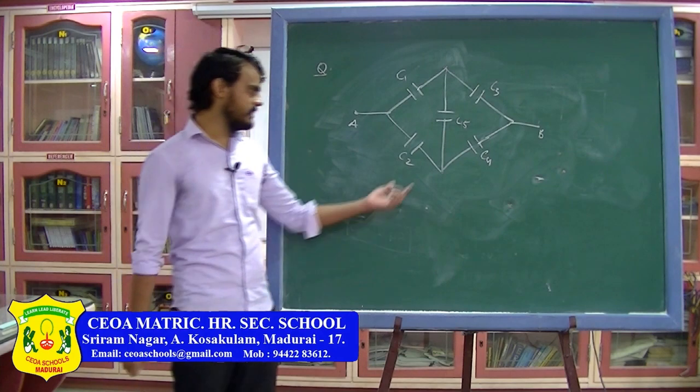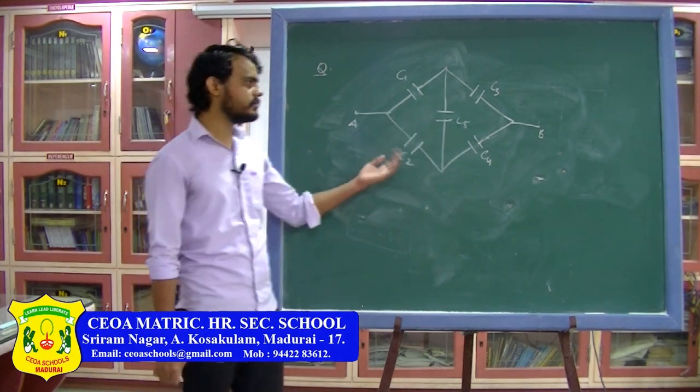Now in current electricity you have seen this kind of setup for resistance that was called a Wheatstone bridge.